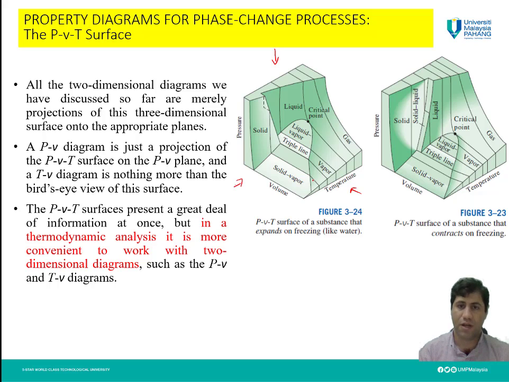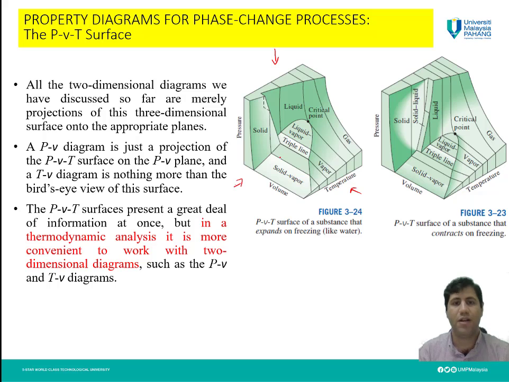So if you notice here, we can have all of that information about the phase changing process, and we can distinguish the phase of the substance according to the temperature, volume, and pressure, which is the purpose of these graphs. For example, if we know the volume, temperature, and pressure of the material, we can say exactly if it is in solid phase or liquid phase and so on, then we can find the properties for that material in that phase.